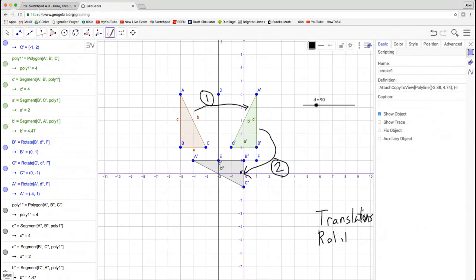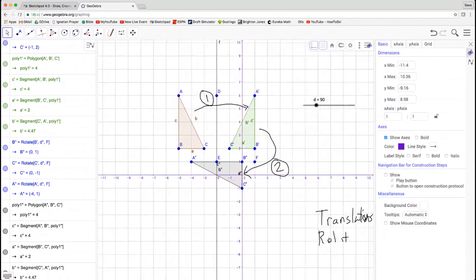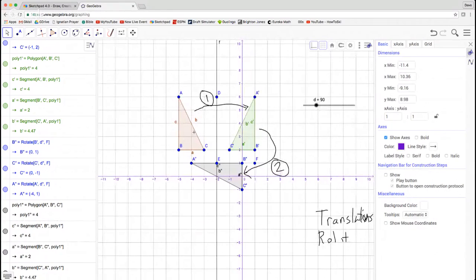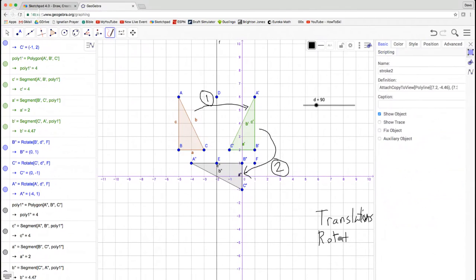Rotations. Whoa, what did I do here? I got off of my freehand pen. Rotations. And then reflections. So those are the things that I can do.